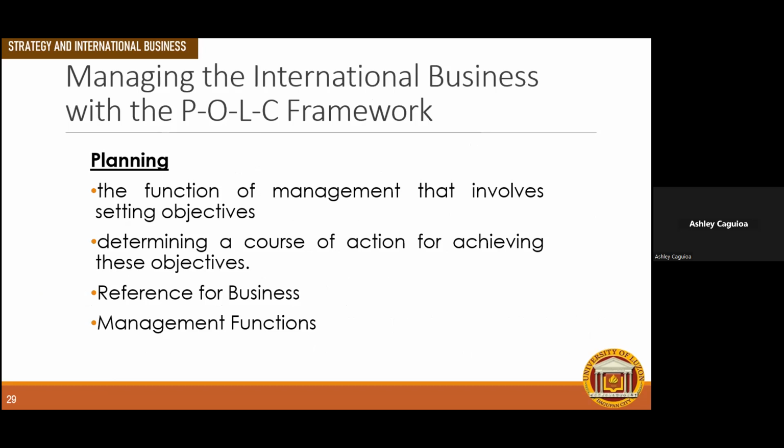So, managing international business with the planning, organizing, leading, and controlling framework. Planning is the function of management that involves setting objectives and determining a course of action for achieving these objectives.